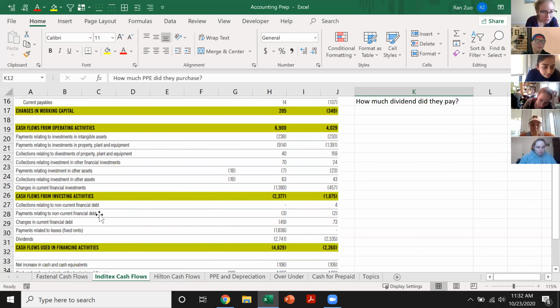They paid off some non-current financial debt and changes in current financial debt. So about 52. How much do they pay in dividends? 27. Yep. And if I were to ask you, how do they fund all those investing activities and financing activities, what would you say? Operations. Yep. Very good.